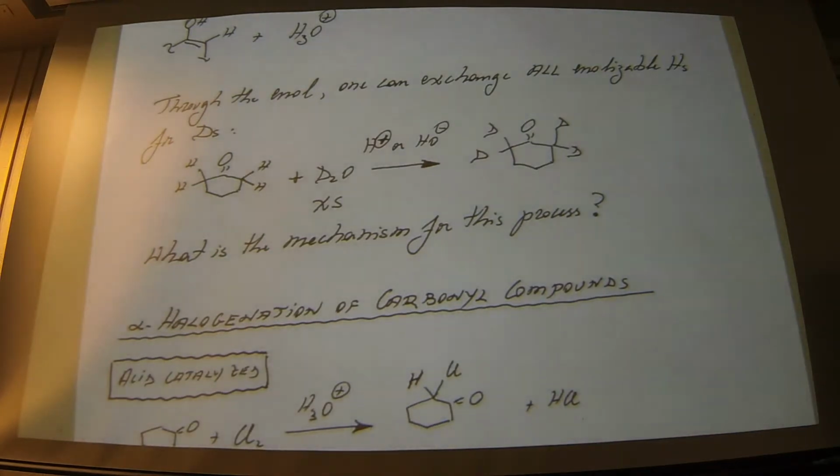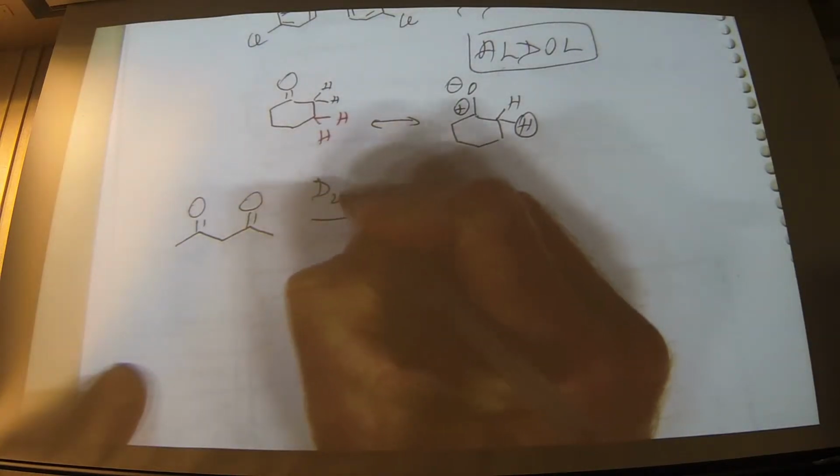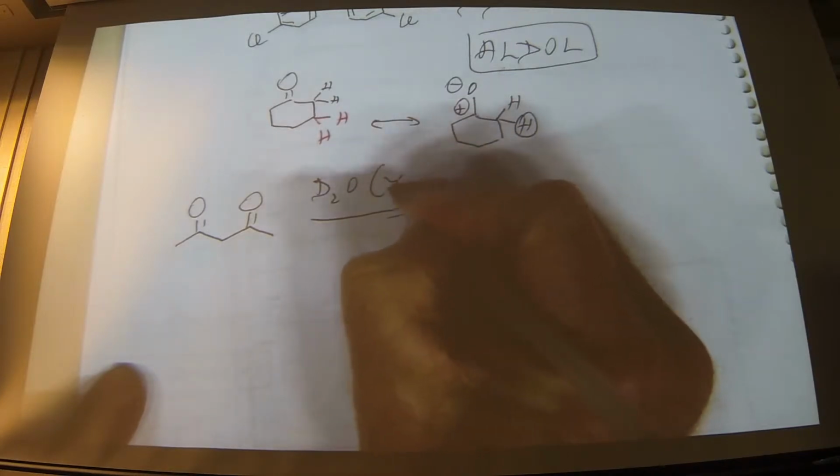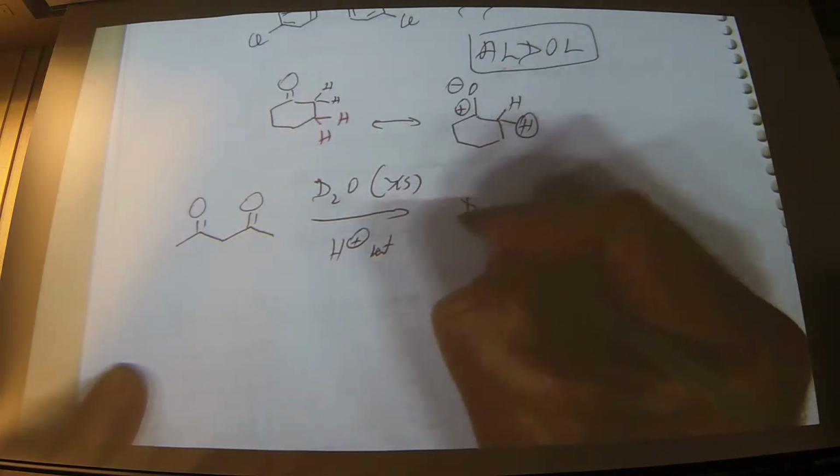Without giving away the problems that are at the end of the chapter, you should be able to see rather easily that if I take pentanedione, like so, and I do the same thing, I use D2O, some big excess, and a catalytic amount of acid, I will very quickly completely deuterate this molecule.